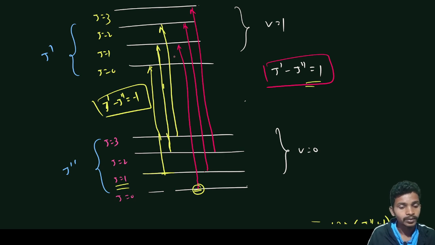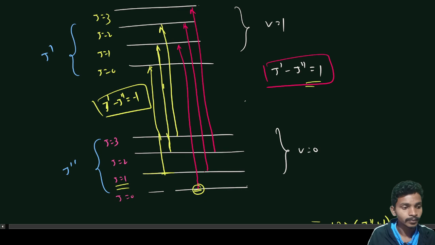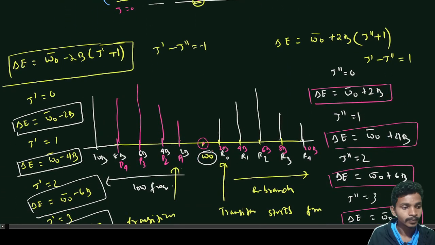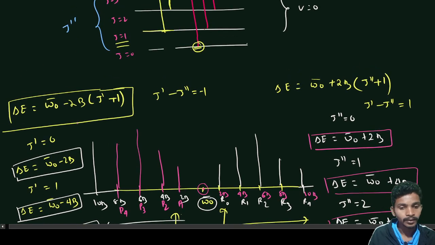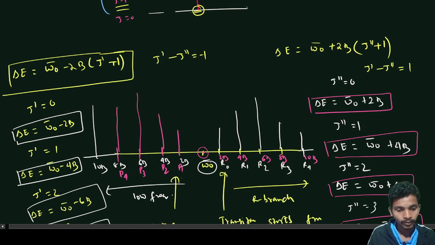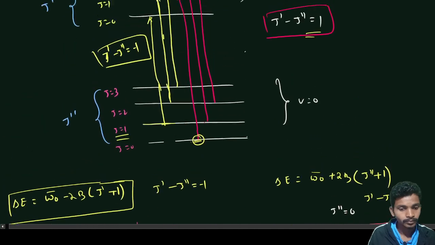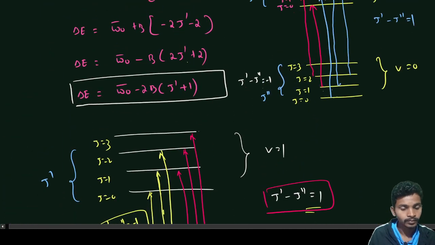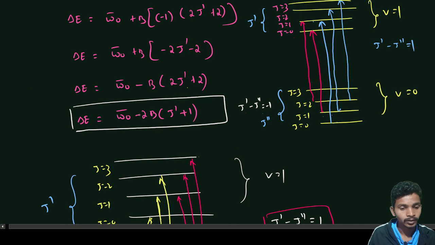Okay, so at omega naught, this transition is possible only when, if you observe here, if J is equal to 0, then this is 1.